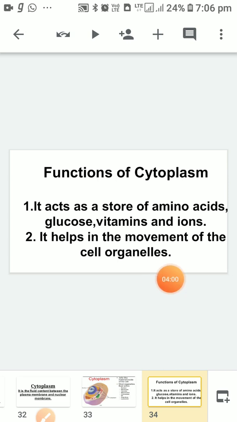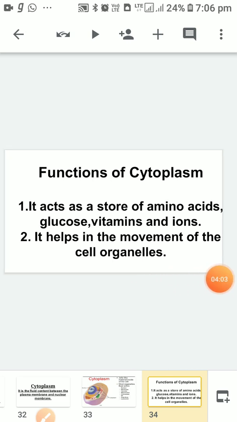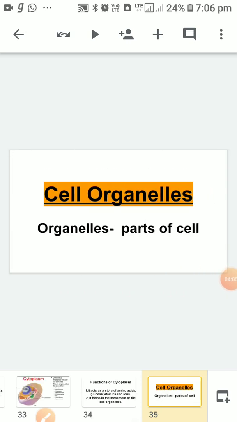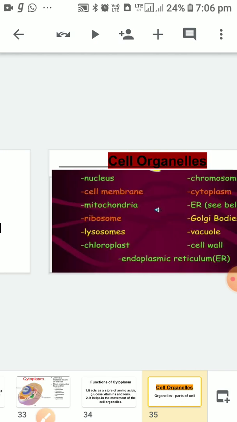Cell organelles, it means the parts of cell. Here I have written here cell organelles. Organelles means the parts of cell. As we are having different parts in our body like hand, nose, in the same way cell is also having different parts which are known as organelles.